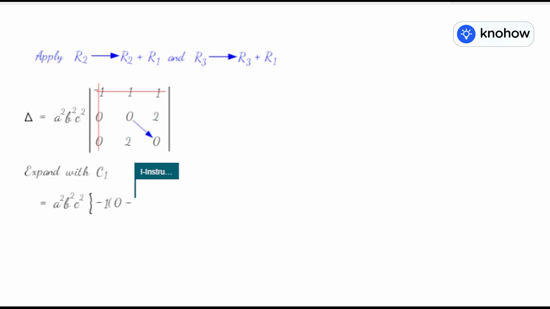And of course, no doubt, the other two terms will be 0. So now you get a square, b square, c square into minus 1 into minus 4, that is 4. And that is the required result. The value of determinant comes out to be 4a square b square c square.